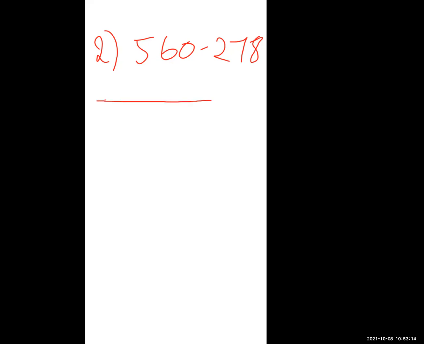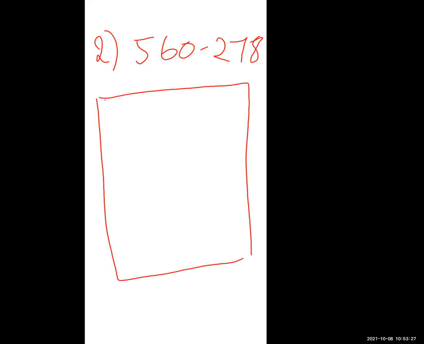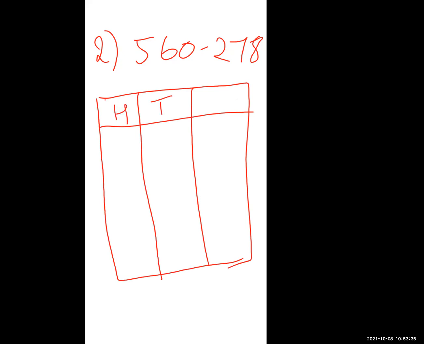If it is a 3-digit sum, we need to draw 3 columns. H for hundreds, T for tens, O for ones. We have to skip one row for the borrowing sums, to write the borrowing numbers.